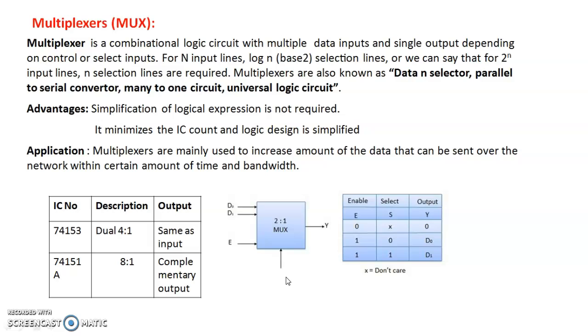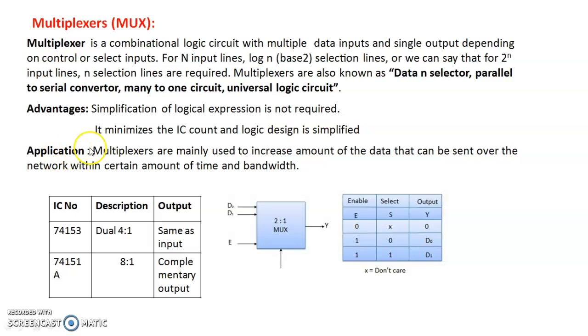So how to calculate the select inputs here? 2 raised to n is equal to m. So n is nothing but the data input and m is equal to select inputs. There are different types of multiplexer like 2:1, 4:1, 8:1, 16:1, 32:1.